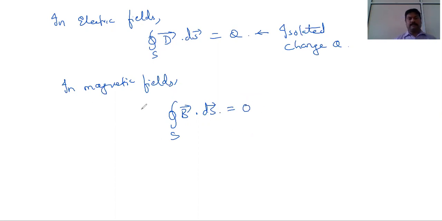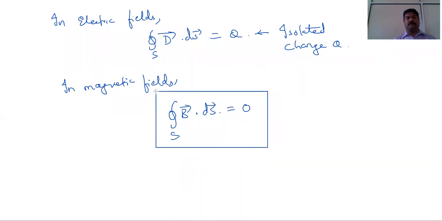So this is the magnetic field equivalent of Gauss law, but must be equated to 0 because you don't have any magnetic monopole like north or south separately. So note you have a 0 always.